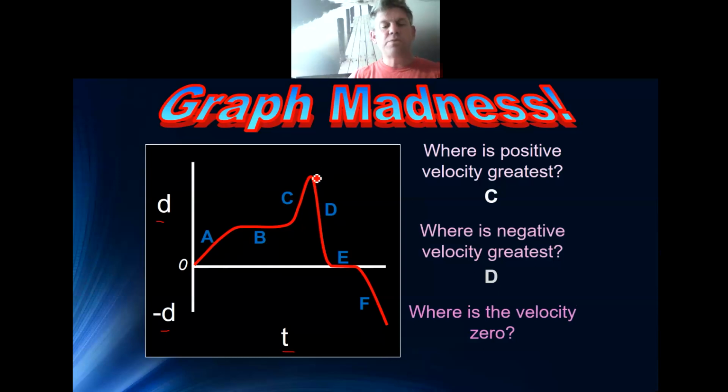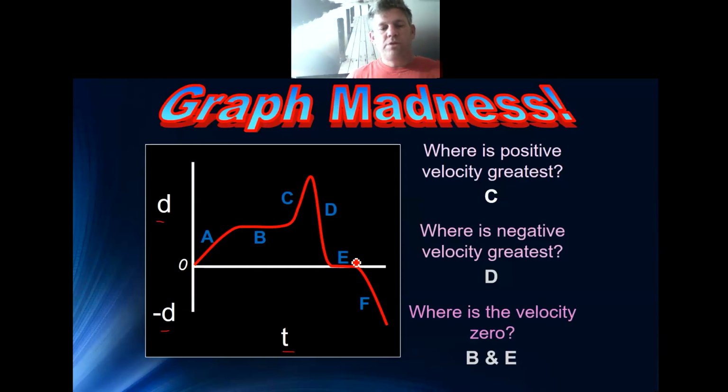C, I suppose we could talk about at the top here, right? Eventually between C and D, we're going to get a momentary stop before we change directions, right? But again, that's not a point that's marked for us. So we look at E, we look at F, E for sure. So what we start to see is B and E, okay?